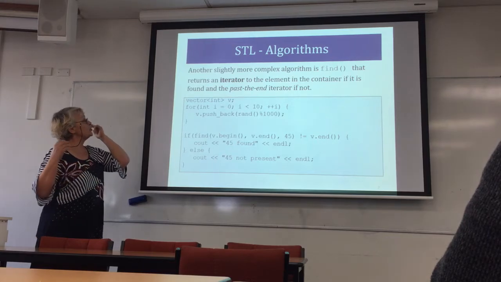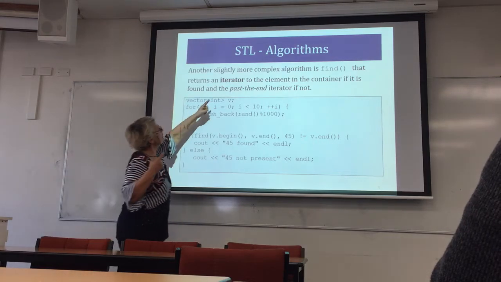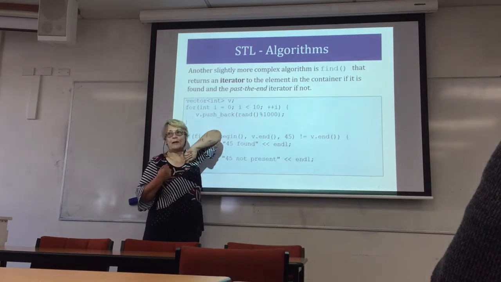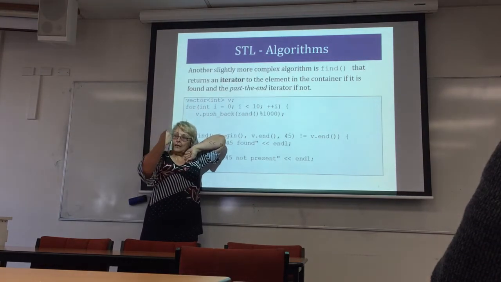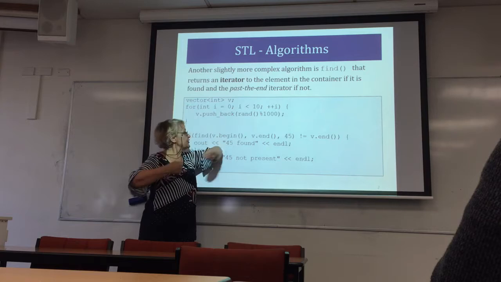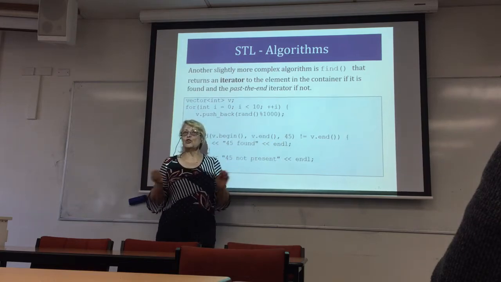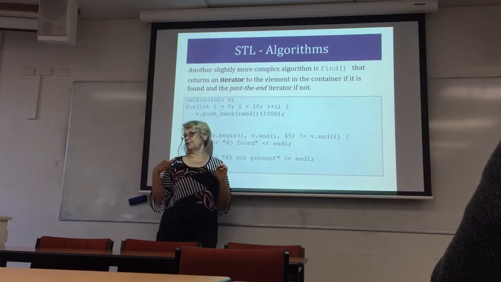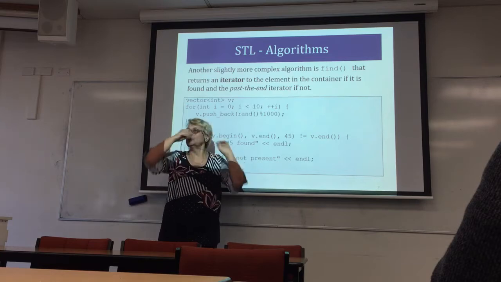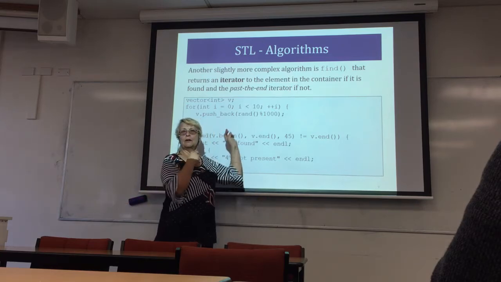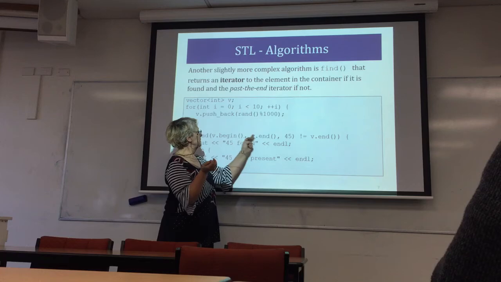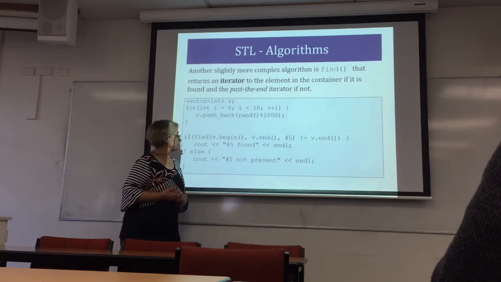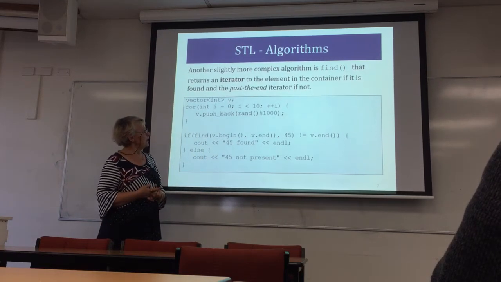And here you have to know that find returns an iterator to the element in the case the element is in the container, but otherwise returns the end of the range. So you shouldn't dereference find automatically.